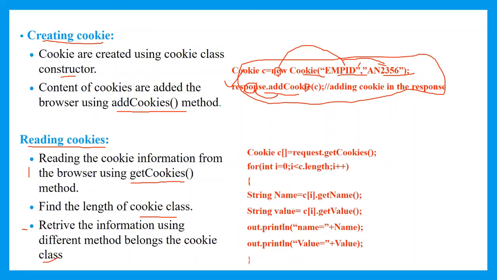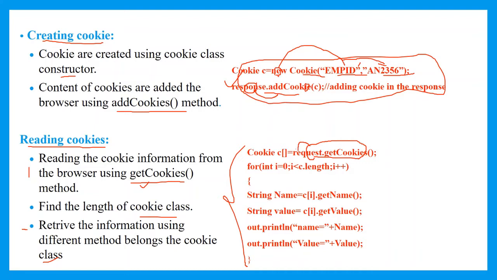Let us see a simple example for reading the cookie information. The first step says that I need to read the cookie information. That can be done by making use of the getCookies method. Here getCookies is a method which is going to read information from the browser. If any method is reading the information from the browser, then that method belongs to an interface called the request interface.